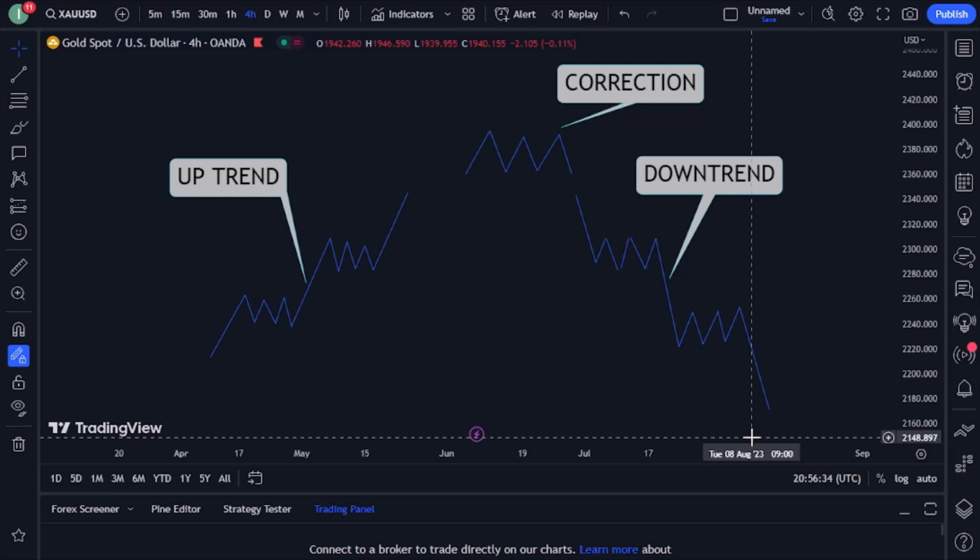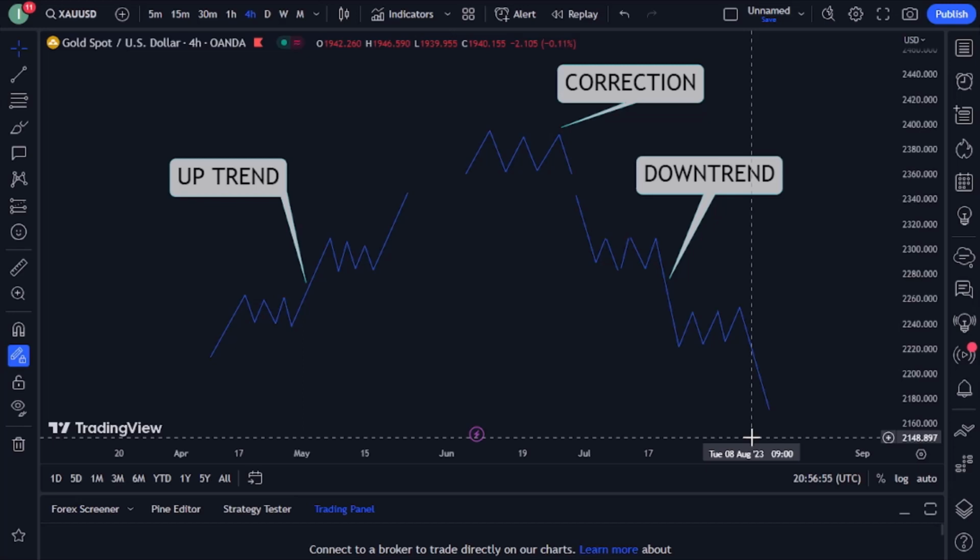You understand? But which tools to use? For me, I use trend lines. If you want to know about trend lines, there's a video that I dropped showing how to use trend lines, where to get them, and how to become profitable with a trend line strategy.